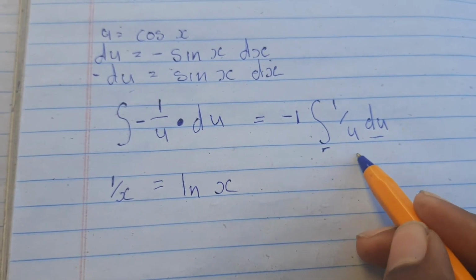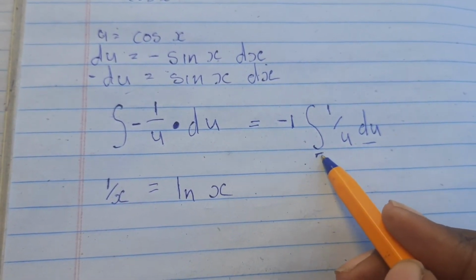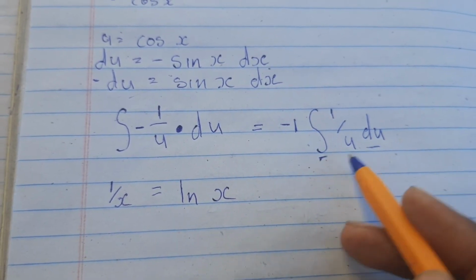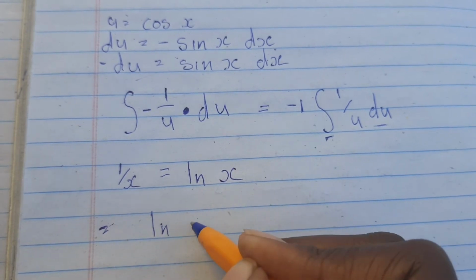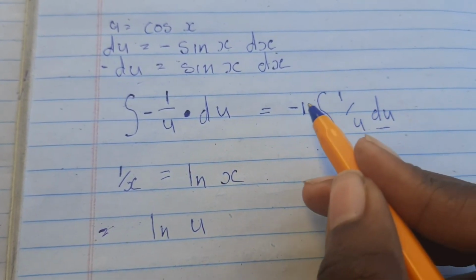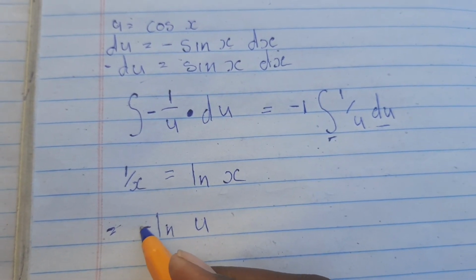That's what we apply here. So what's the integration of this? It's the natural log of u. But remember, there's a -1, so we put a negative right there.